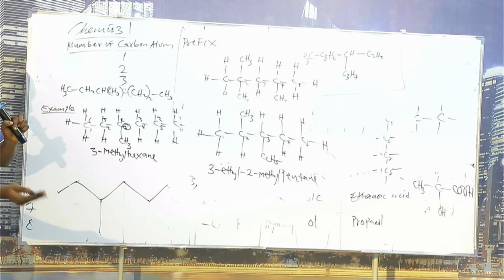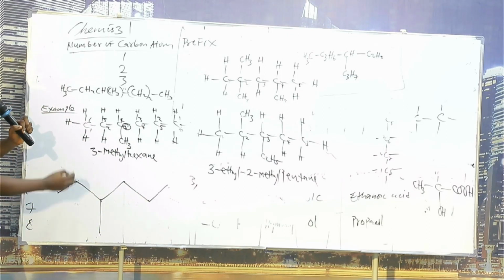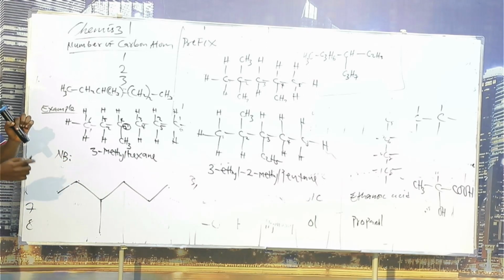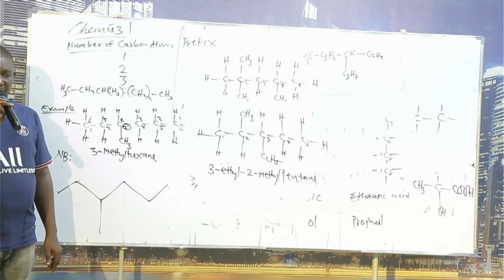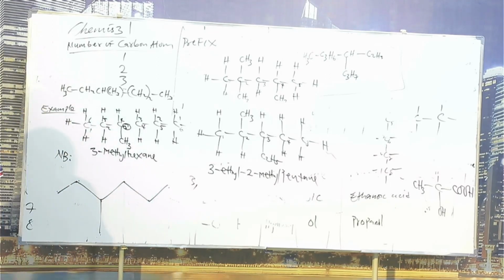Notes: a comma must separate two or more numbers, while a hyphen separates a number and an alphabet.